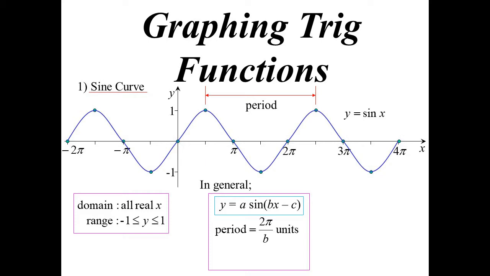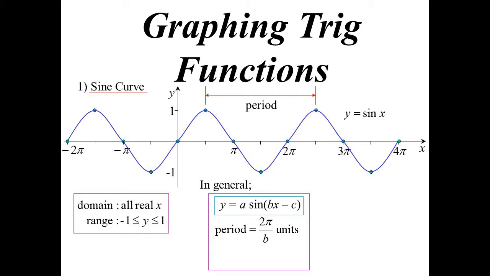So when it's in the form y equals a sine bx minus c, how's it going to change? Well, period is horizontal, so it's going to be about dilating the x value. We've got bx, so therefore the period will become 2 pi on b, because we're going to be dilating it.